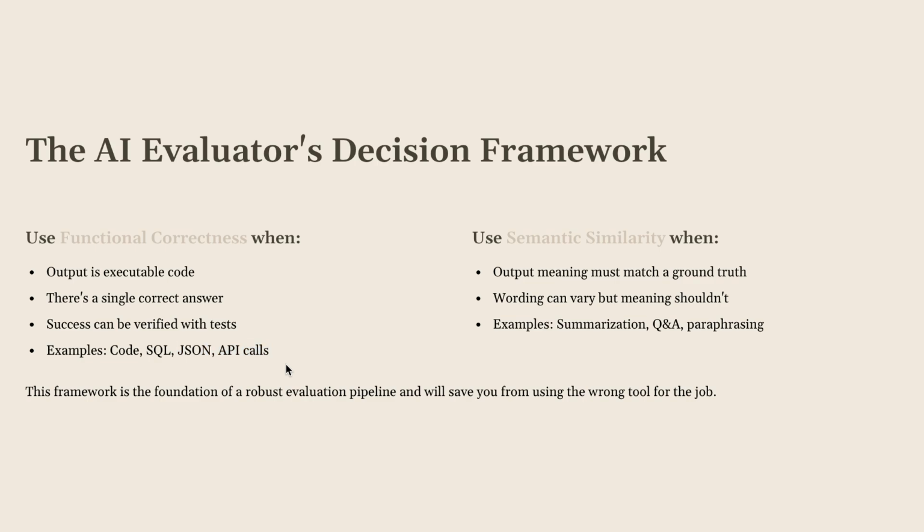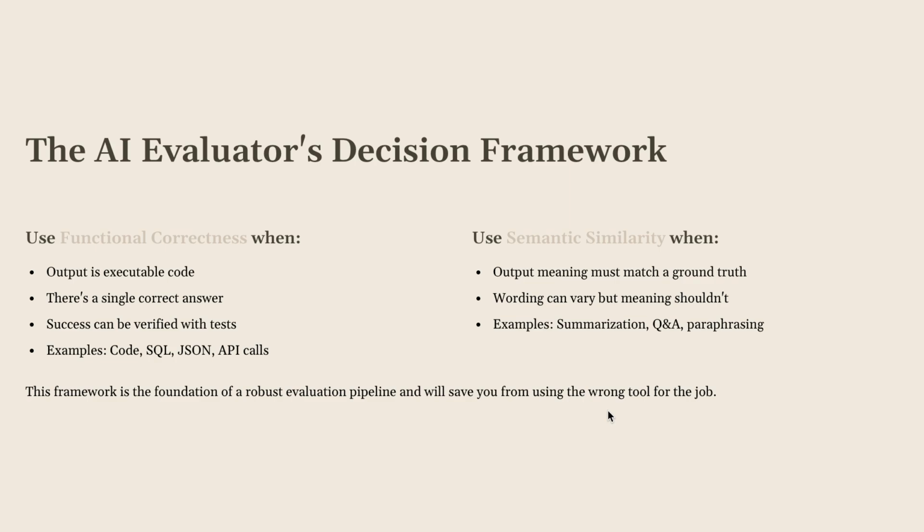Use functional correctness. It's objective and definitive. If the answer is no, if the output's meaning must match a ground truth, but the wording can vary, like in summarization, question answering, or paraphrasing, then you need semantic similarity. This framework is the foundation of a robust evaluation pipeline and will save you from using the wrong tool for the job.